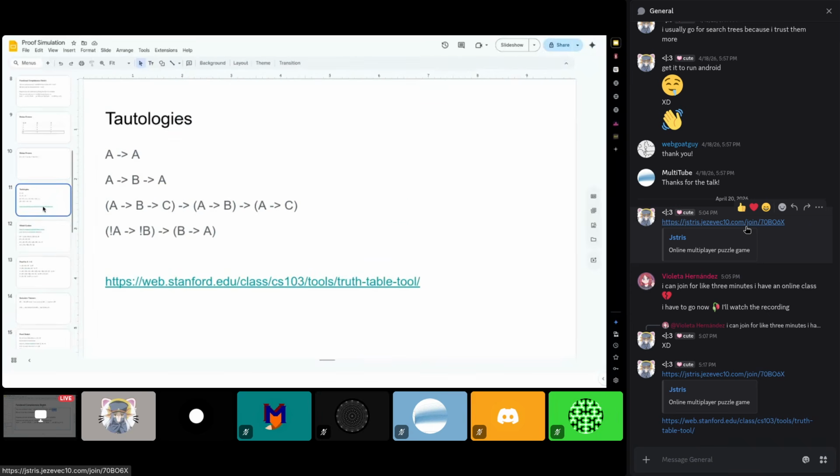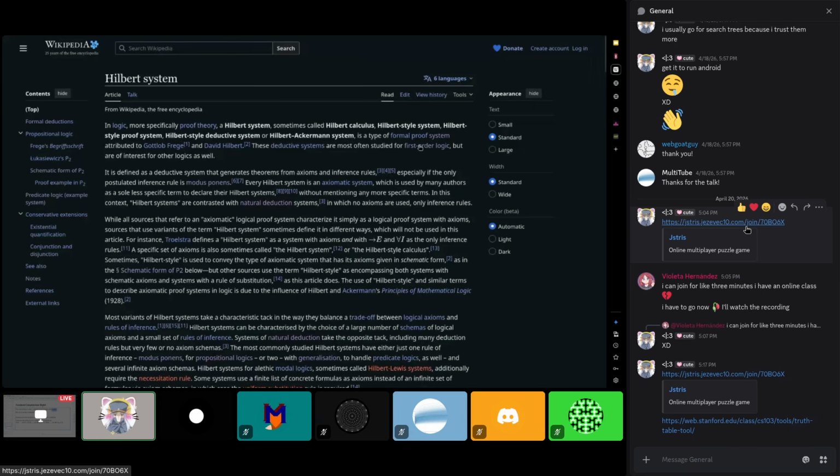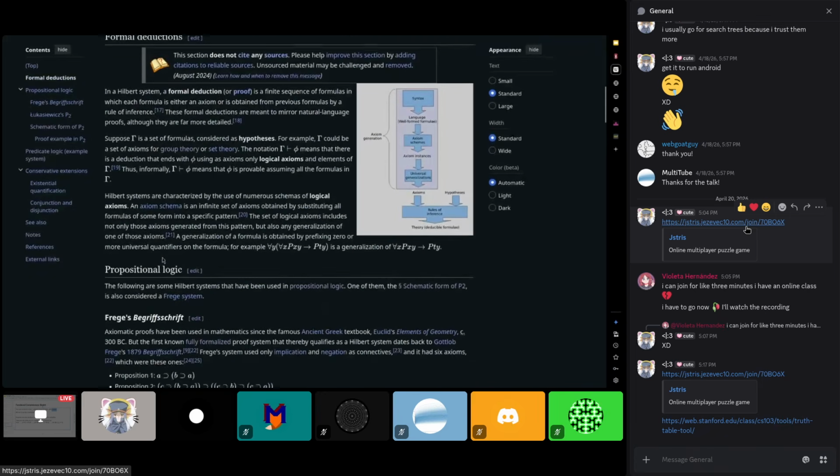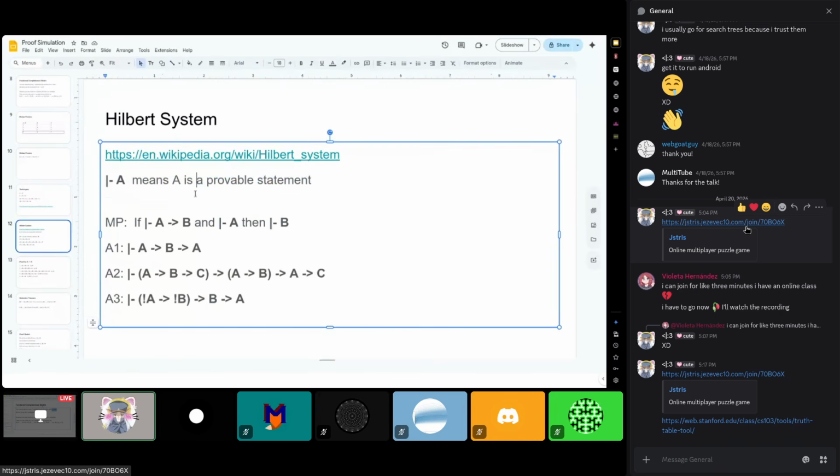Right, now we can define one of the things that one of the papers I want to talk about discusses. So, what is a Hilbert system? A Hilbert system, if we go to the Wikipedia page, is a system that has one inference rule, this guy here, modus ponens, and a large number of axioms, which look like this, and it lets you prove things.